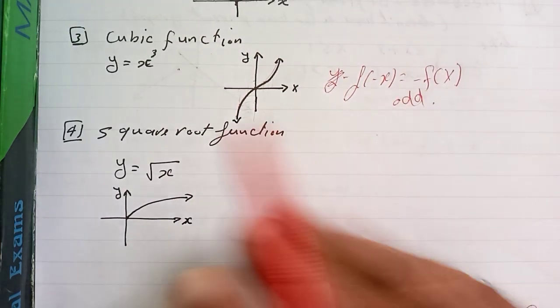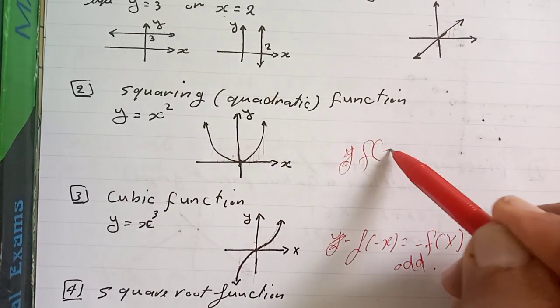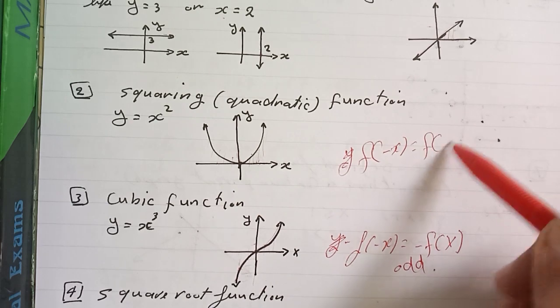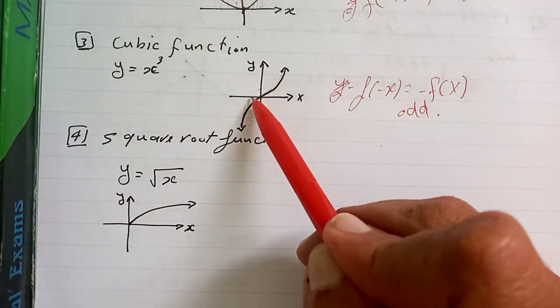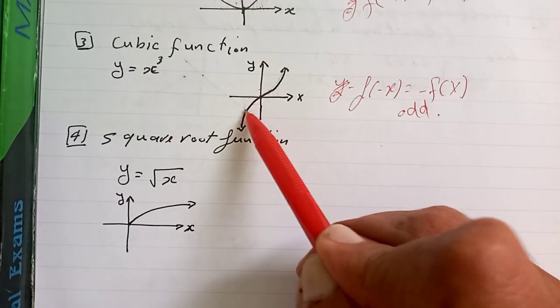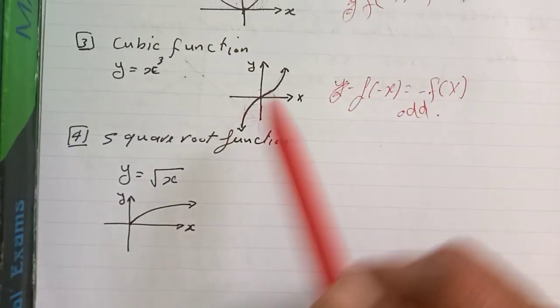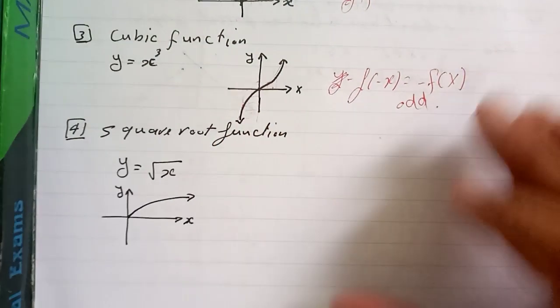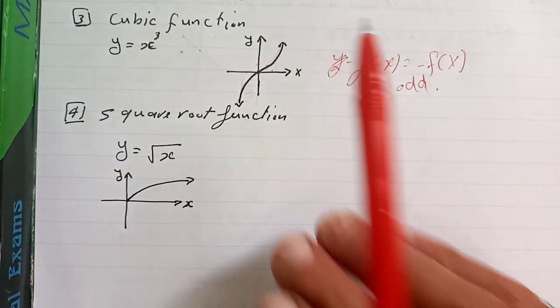That means f(negative x) equals negative f(x): an odd function. But for the even function, f(negative x) equals f(x). So here f(negative 3) equals negative 27, but f(3) equals positive 27. It's different. And it is symmetric around the origin.